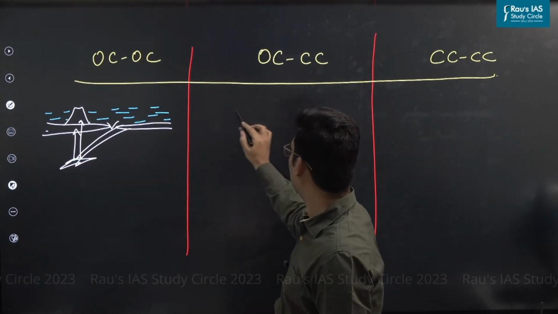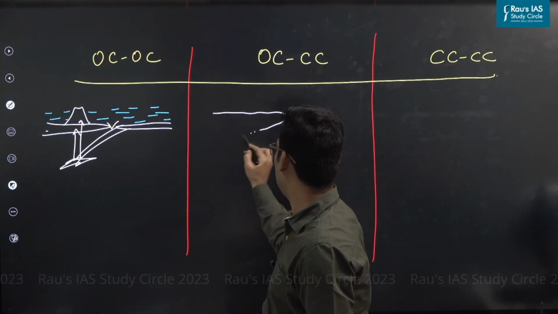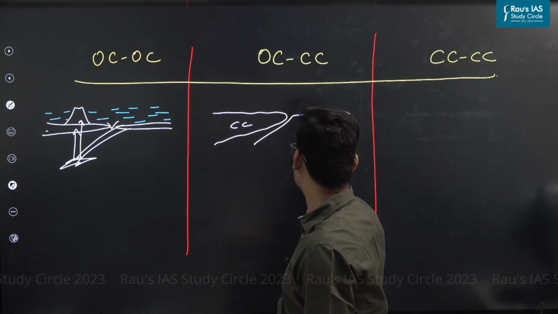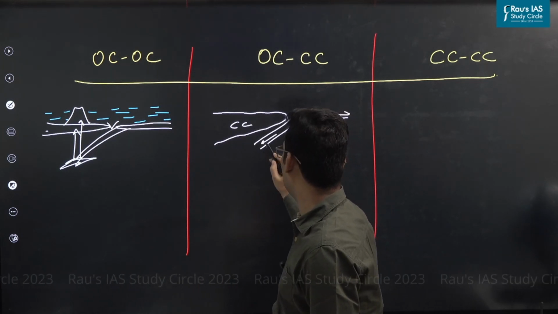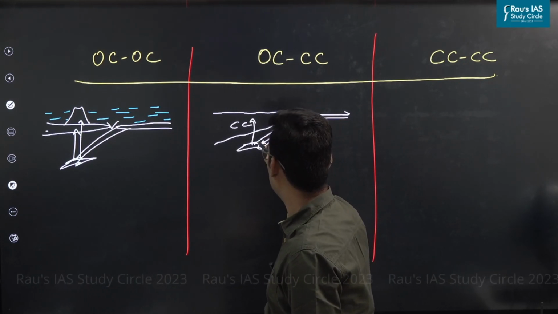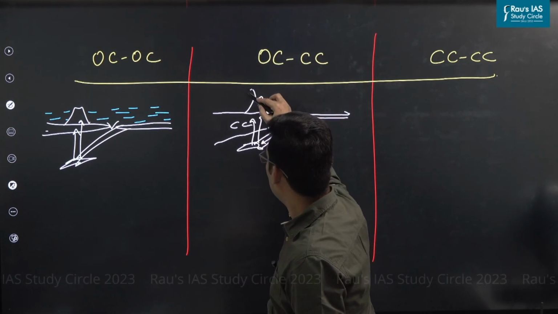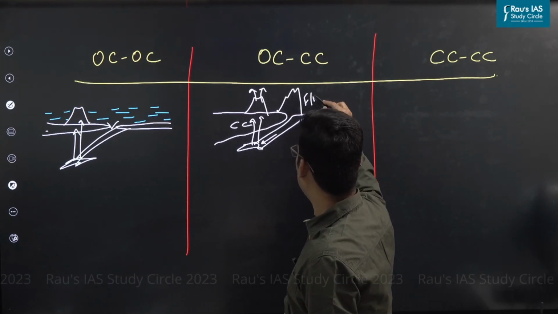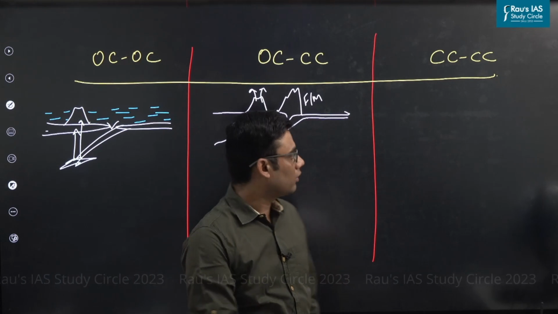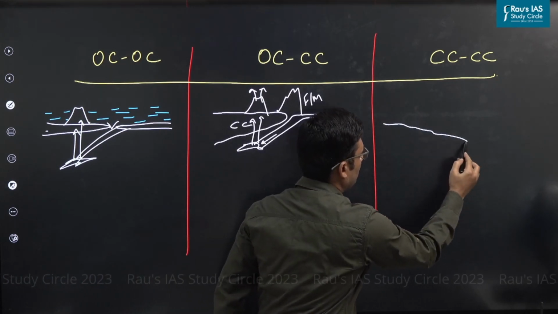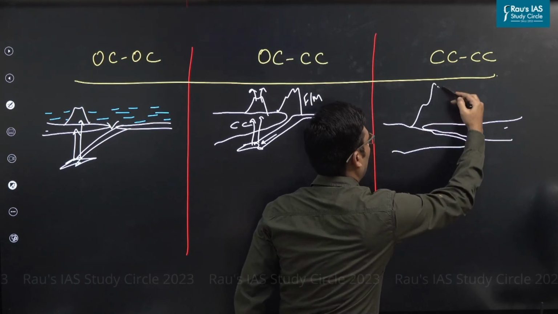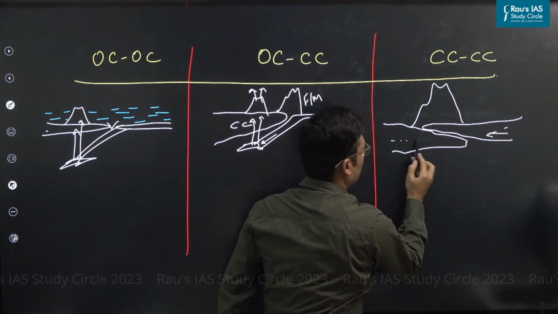Second one for OC-CC, I'll show CC over here, so OC subduction over here, again melting, volcanic eruption. In addition to that, here we have fold mountains. And the third one, that is CC-CC convergence, abduction and fold mountains.